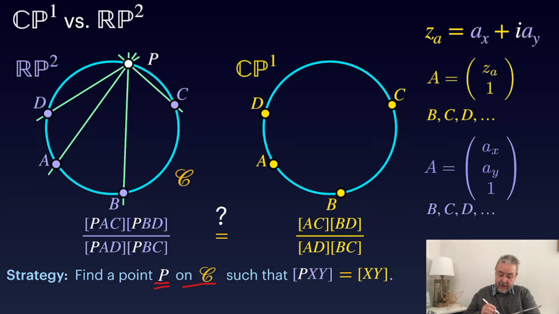What I mean by that is that if we take one of the determinants here, say this one, we get exactly the same as on the other side. So I introduced two variables, x and y, which should just play the role of a, b, c, d as required. So how to find such a point P and how to perform the calculation?